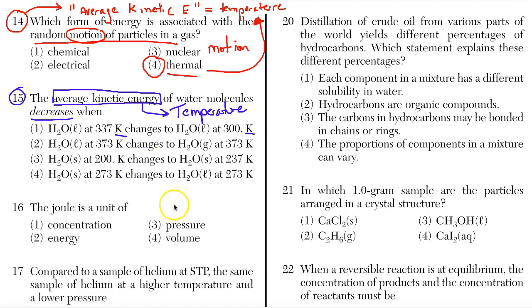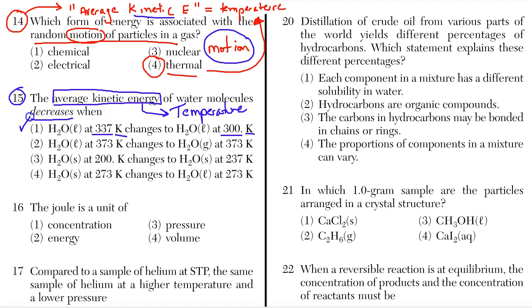In Table T, we could have converted kelvins to Celsius. We don't have to. Kelvin is that positive absolute scale that starts from a true zero position, meaning at 0 Kelvin there is no more motion. There's no more movement, no more kinetic energy. But we want to decrease the temperature. So we're going to go from high temperature to low temperature.